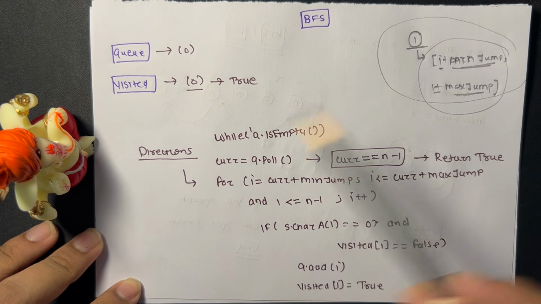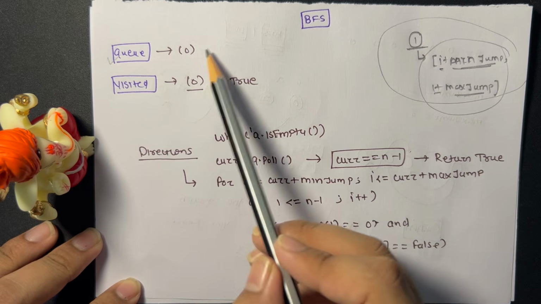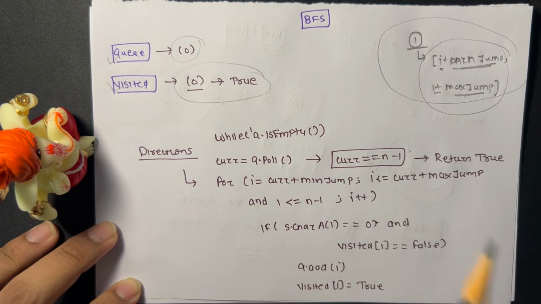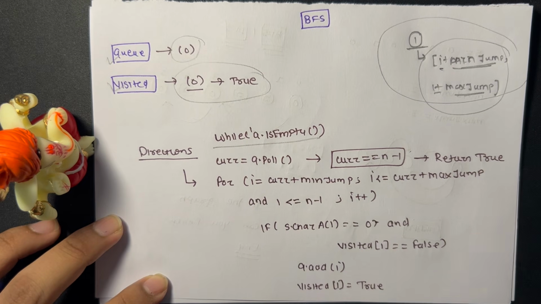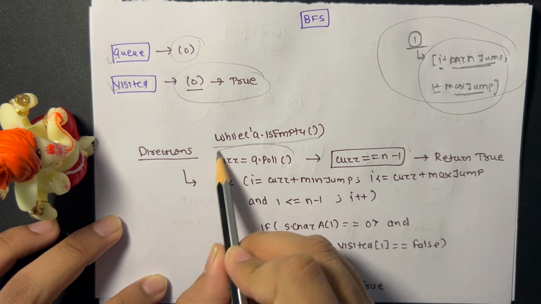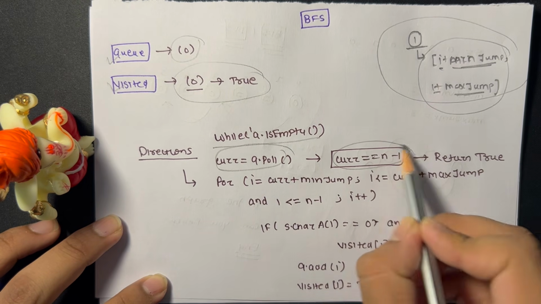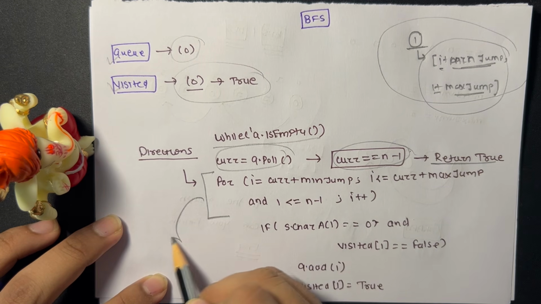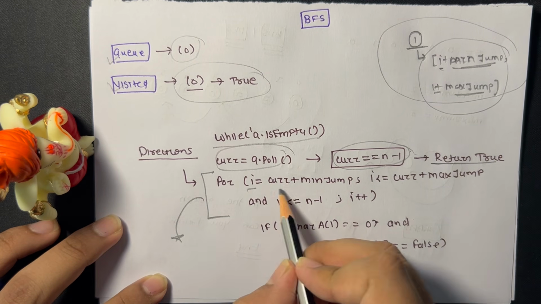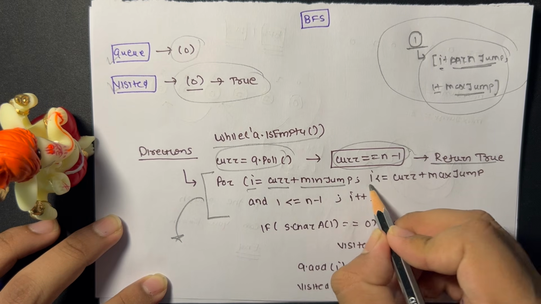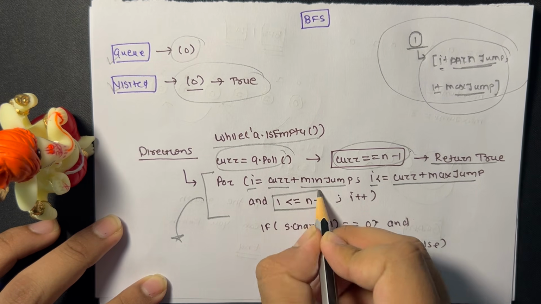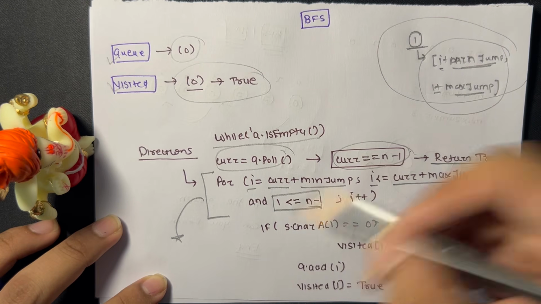I have taken the basic BFS setup here. The queue, add 0 as the initial index, the visited, mark the initial index as true. Then while the queue is not empty, poll the elements and check if you have reached the final destination, then return true. Then you iterate through all the directions we discussed: for i equal to current plus minimum jumps, i less than or equal to current plus maximum jumps, and i should be less than or equal to n minus 1, since we can go out of bound, right?